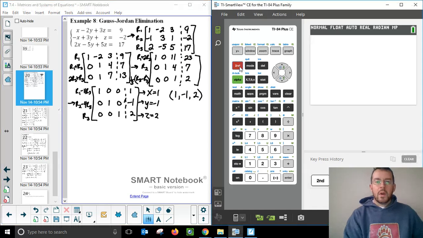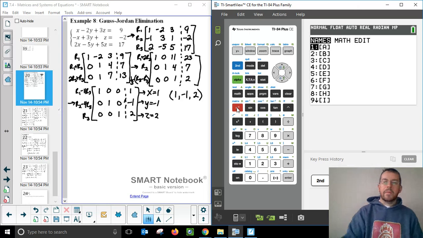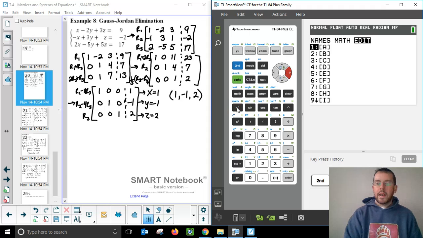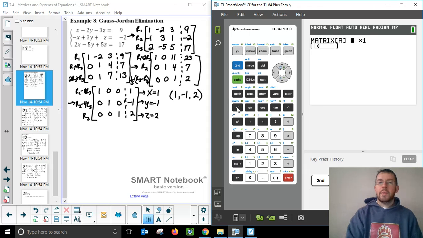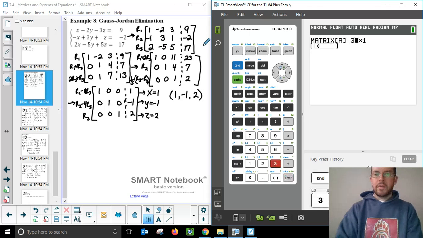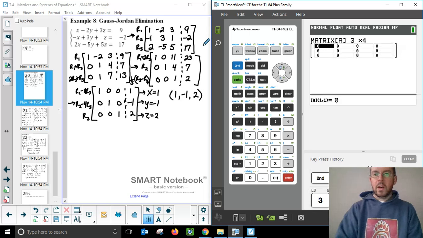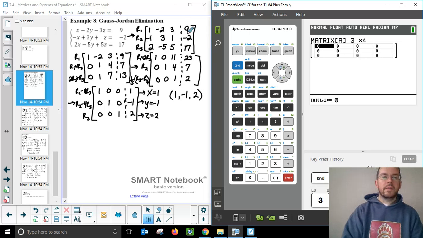So if you go here, second, and then this x to the -1 to take us to that matrix menu, which we've looked at before. All right, we can go ahead and edit my matrix A. All right, this is going to be a 3 by 4 matrix, because we have 3 rows and 4 columns. All right, and then I just go ahead and enter all of this stuff into my matrix.